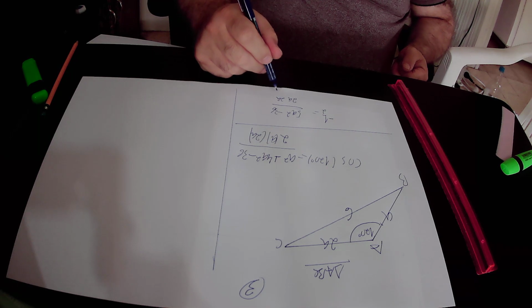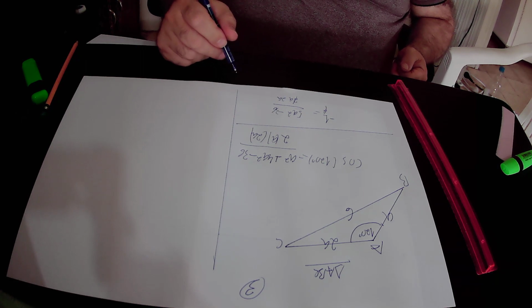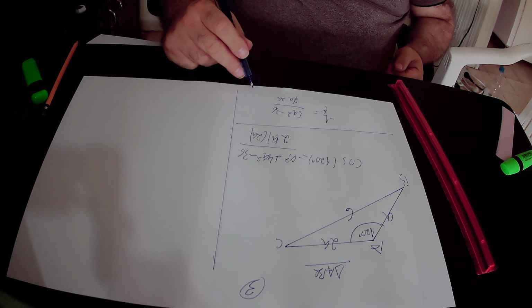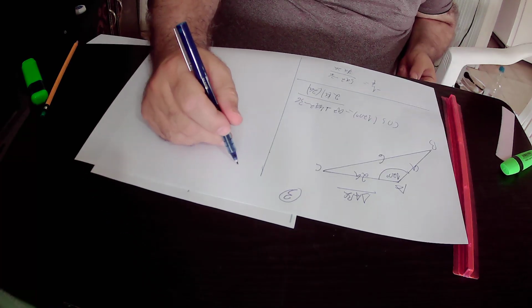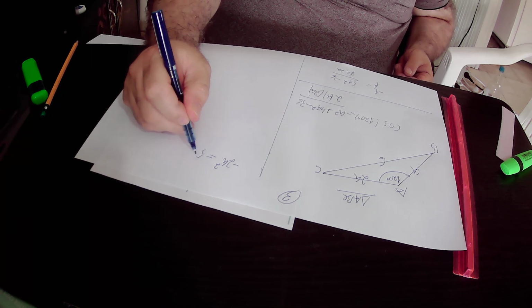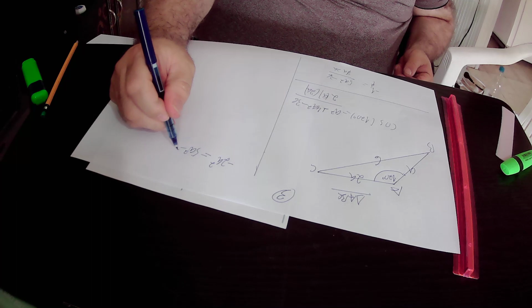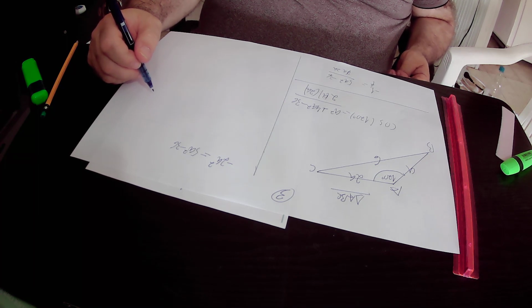Here we have 2 on both sides of the equation, so the 2 will get cancelled, and we will multiply this equation by 2a squared. We get minus 1 times 2a squared, which is minus 2a squared, equal to 5a squared minus 36. So this will be equation number 3.